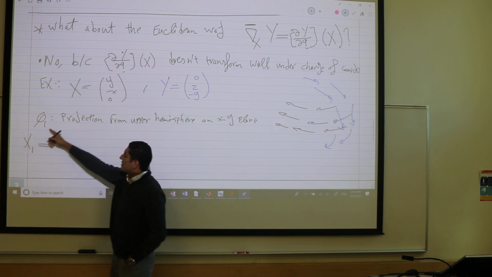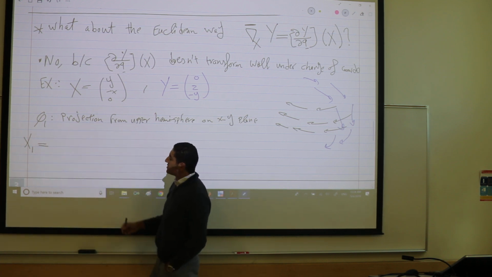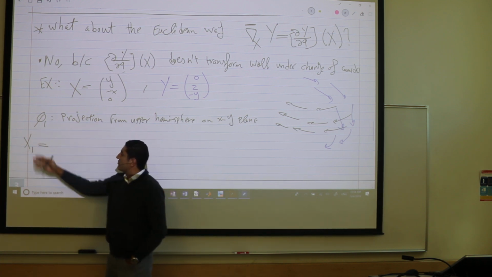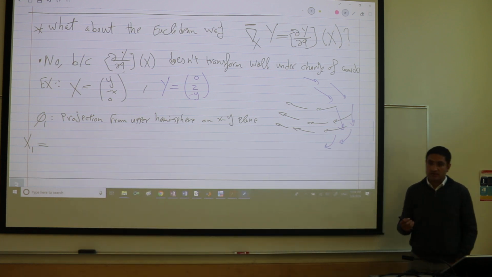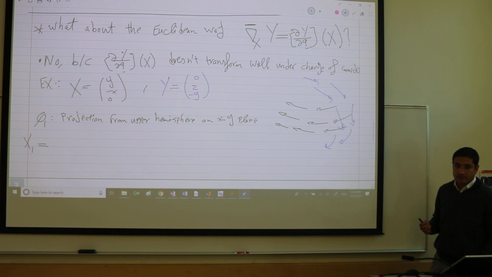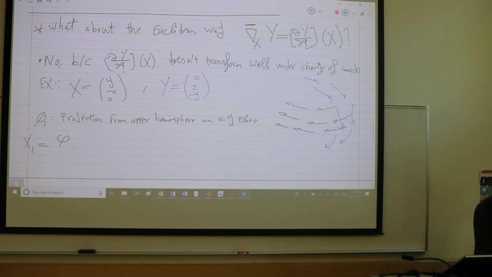This is phi that takes 3 dimensions to 2 dimensions, your coordinates. And I want to write my x1 in the 2-dimensional coordinates. How do you do it? Again, it's exactly phi 1 star times x, right? Which is simply just take the x and y coordinates. So this is y, negative x, that's easy.